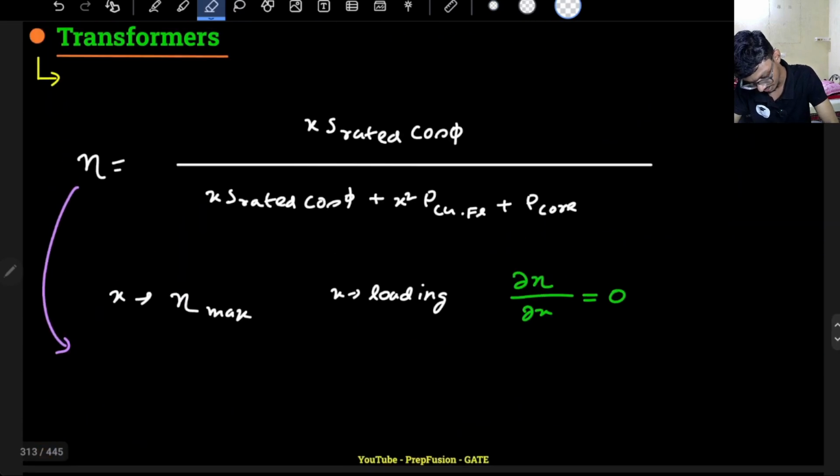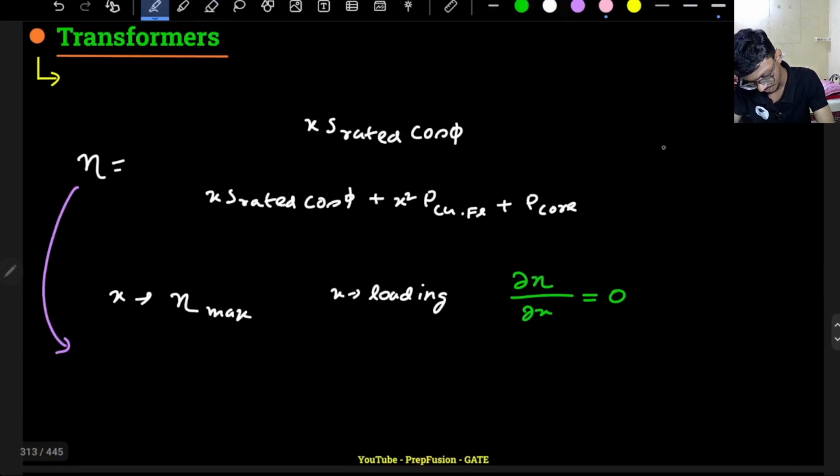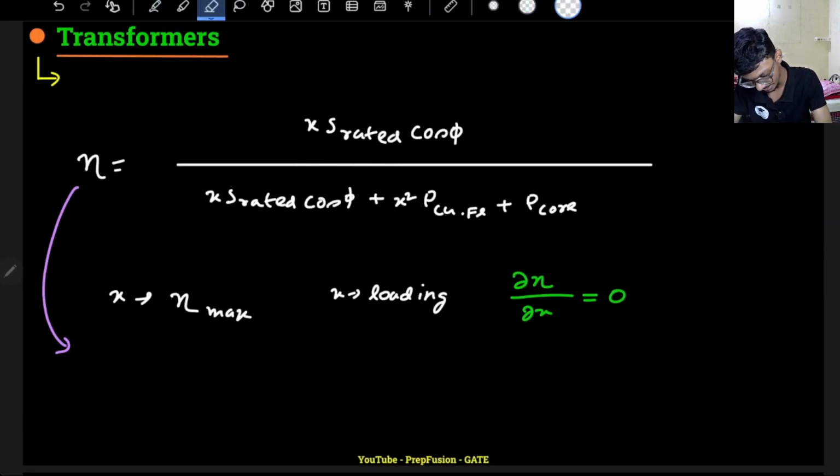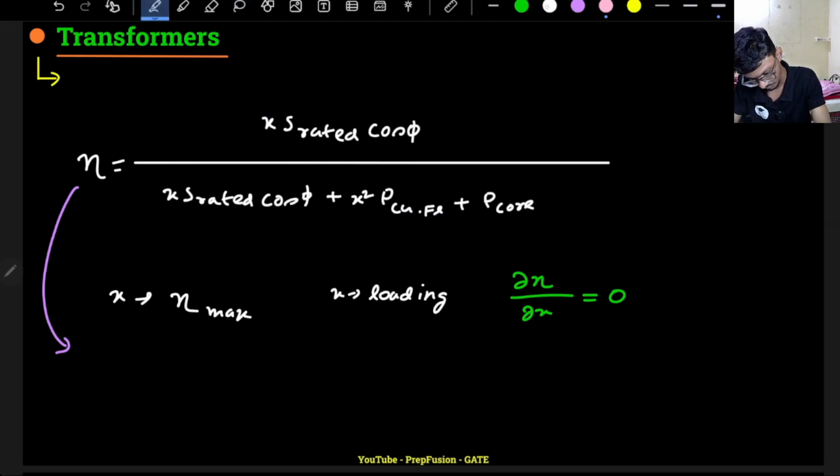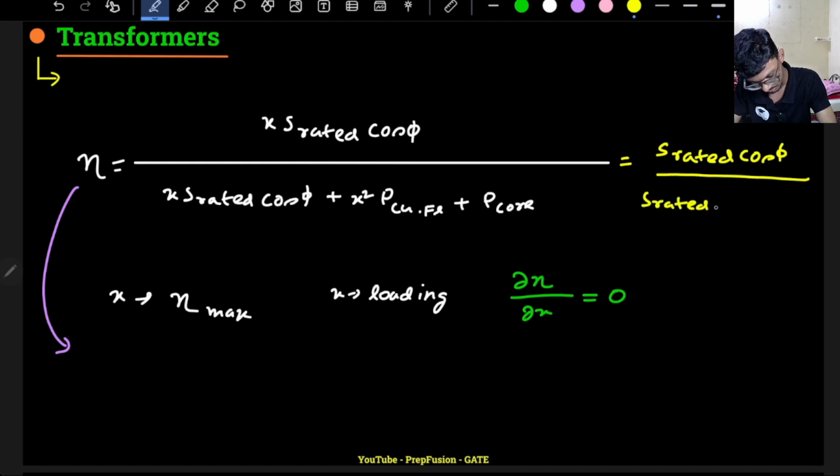So what I will do, this I will write like this. If I divide by x on both sides, on numerator and denominator, this will be equal to S rated into cos phi divided by S rated into cos phi plus x.